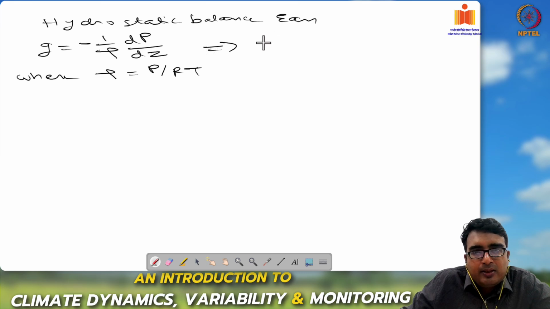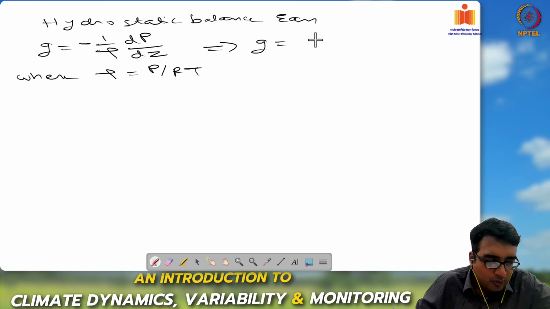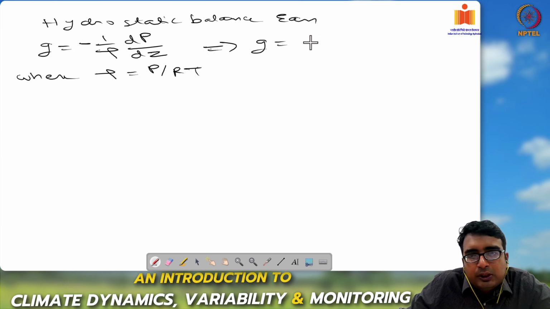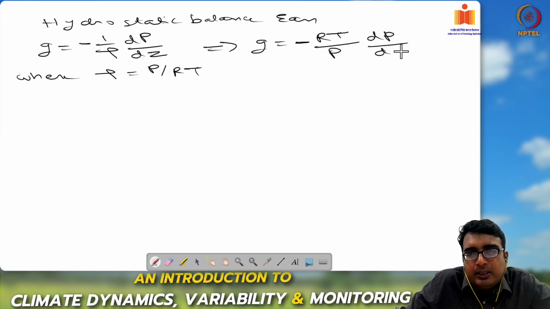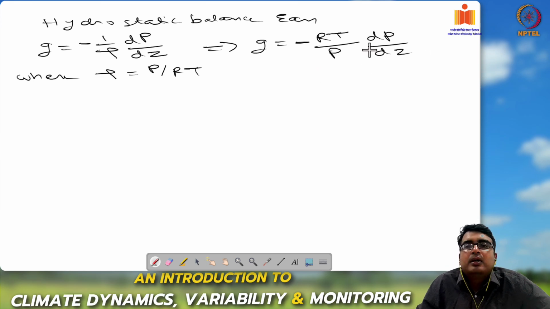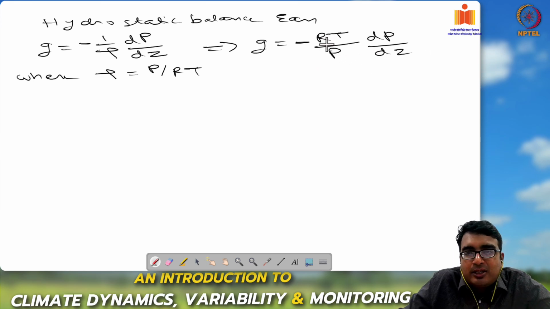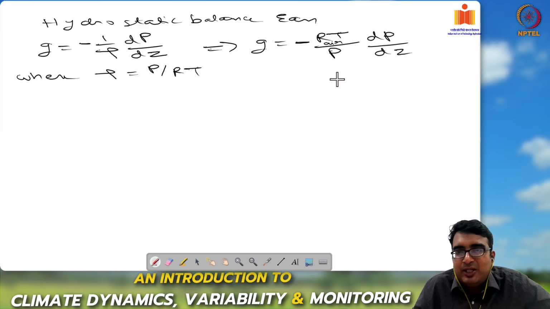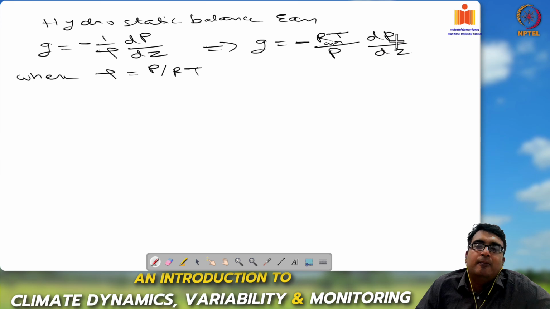Hence, we get g equals minus RT by P into dP dz. Here R is the gas constant for air, T is the temperature in kelvins, and dP dz is the gradient of pressure with altitude.